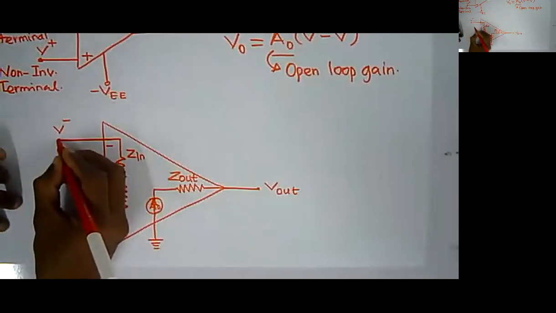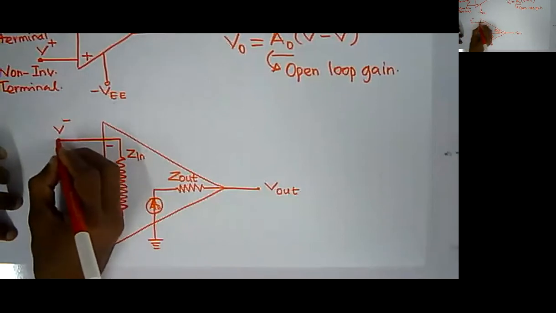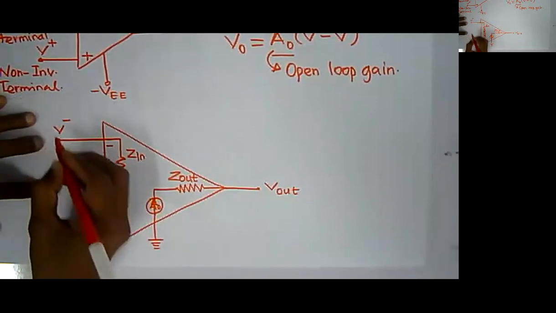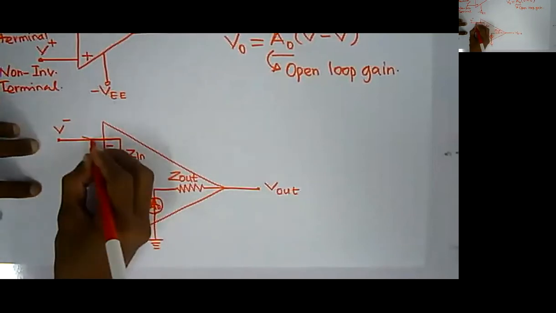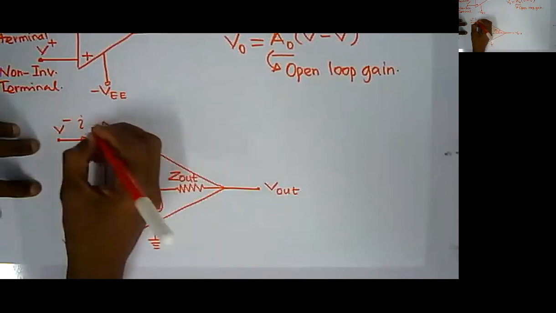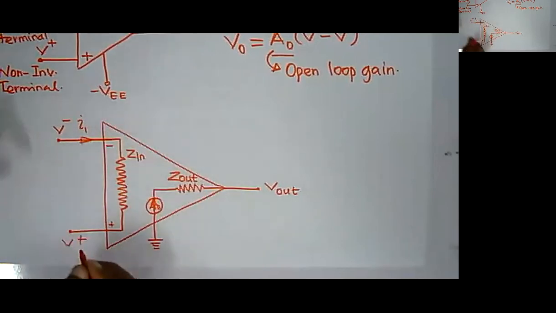Now tell me, what is the current from the minus terminal to the plus terminal? Let's take I1, going inside the operational amplifier.